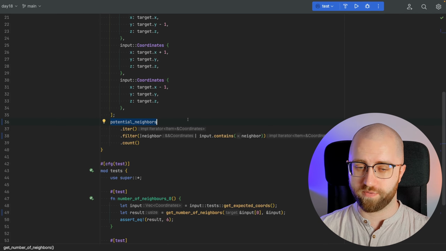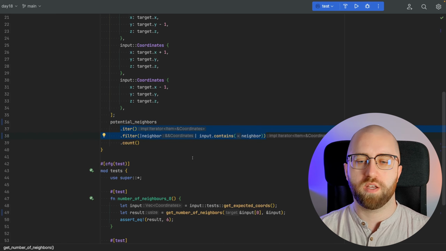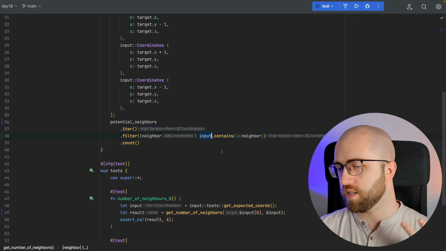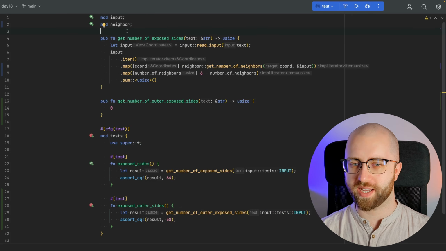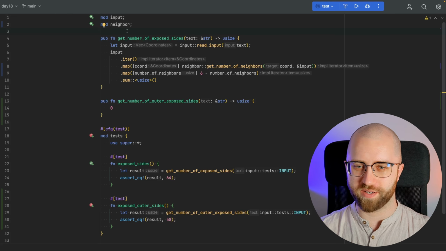Once we build that short vector, we iterate through it and then we just check whether that particular neighbor is available in the input.